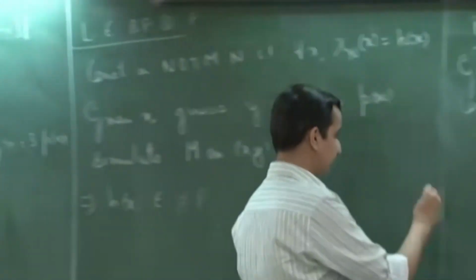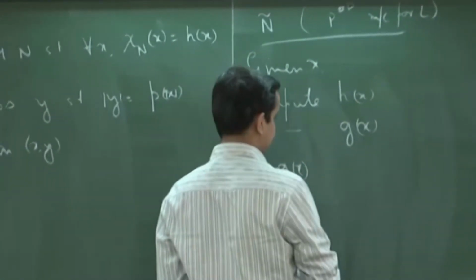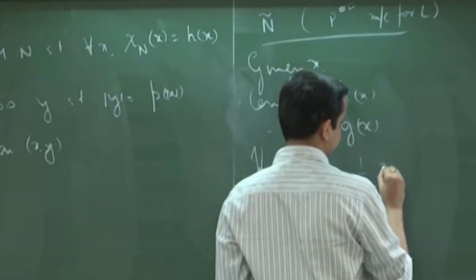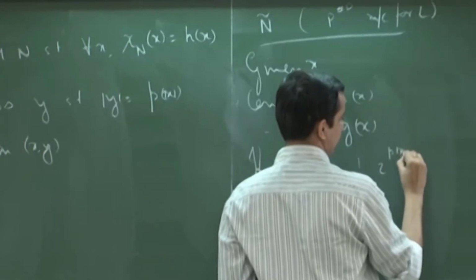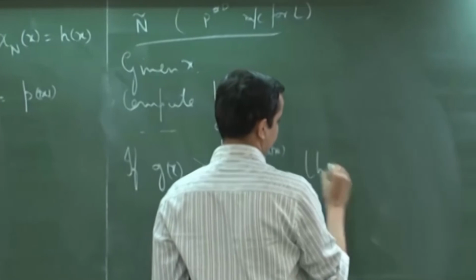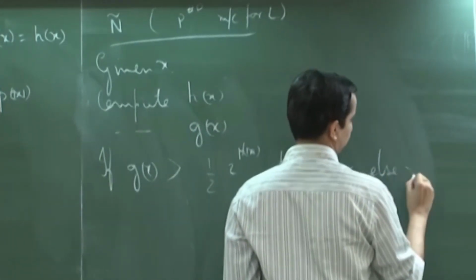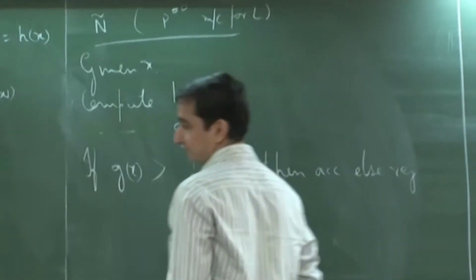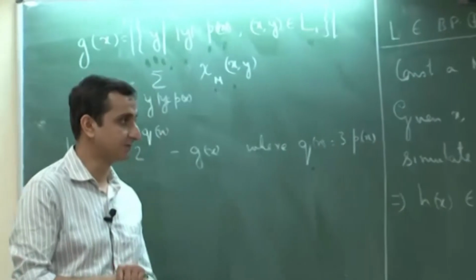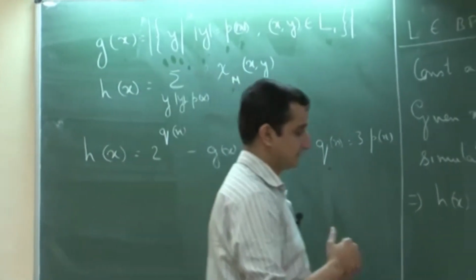So, if g of x is greater than, let us say, half times 2 to the power p of x, then accept, else reject, because we have the promise. So, that is all.